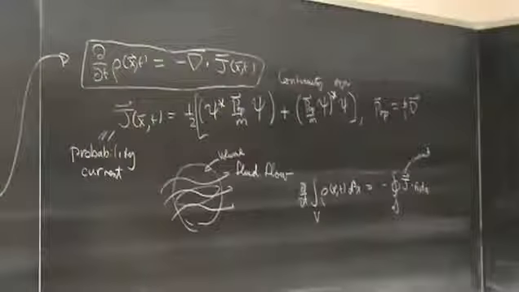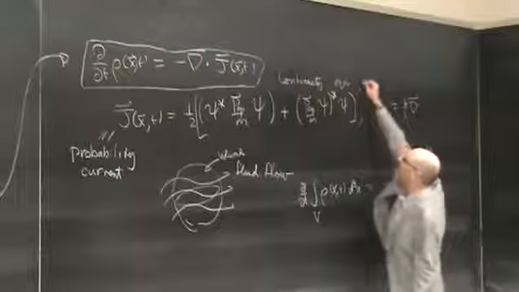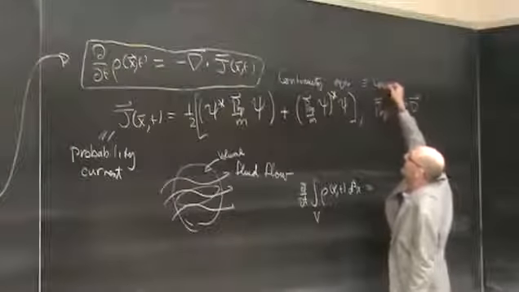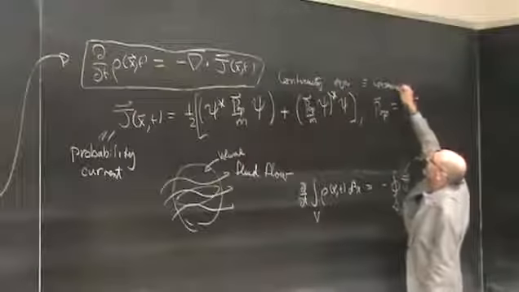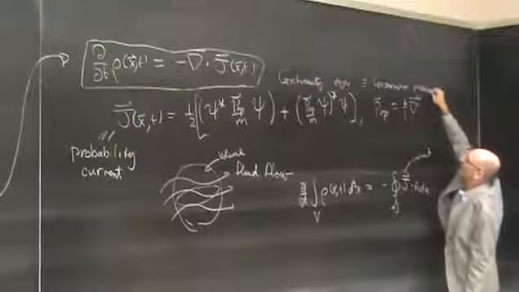That is to say, the continuity equation in this context is saying something about the conservation of probability, the probability to find a particle somewhere.